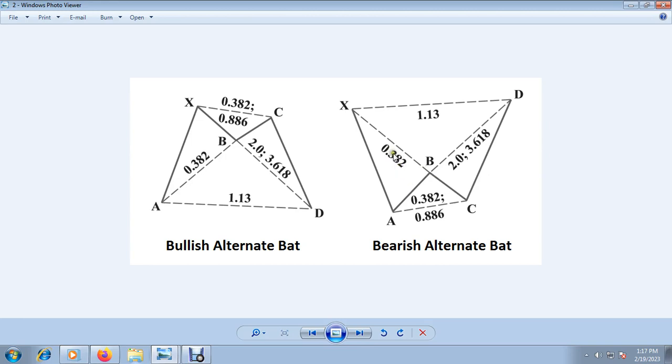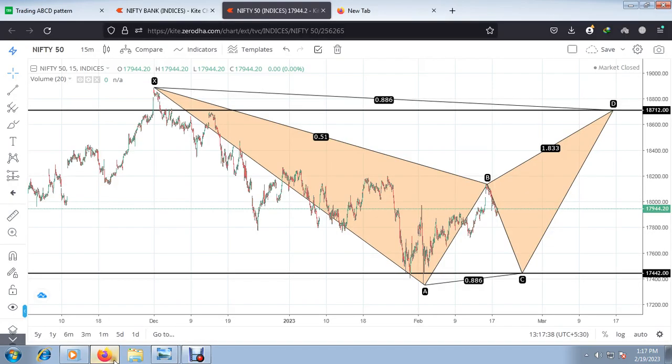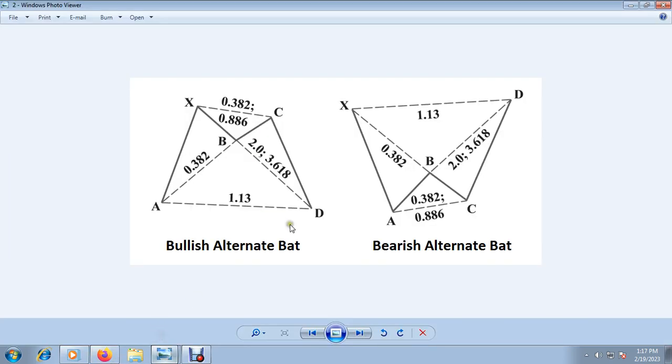If it is 0.382, it can be an alternate bat, or a crab or a cipher pattern. Always remember that. But if it is 0.5, it will be a bat or a crab or a cipher. The cipher pattern is not mentioned here, so I am showing only the crab here. This 0.382 is for alternate bat only.